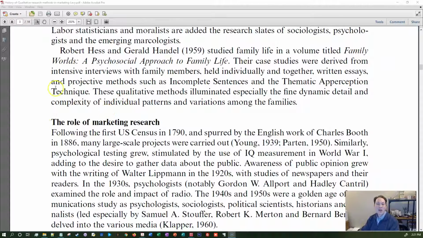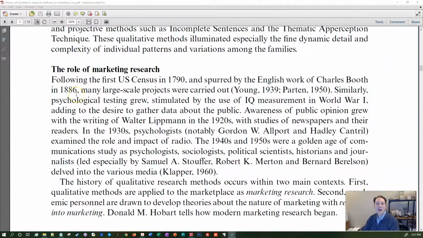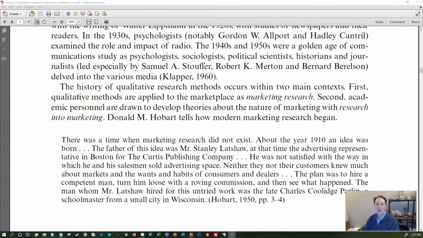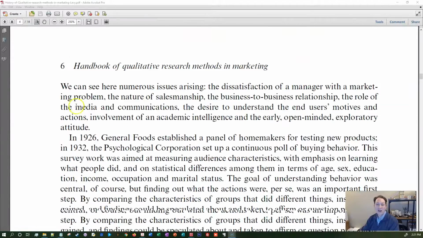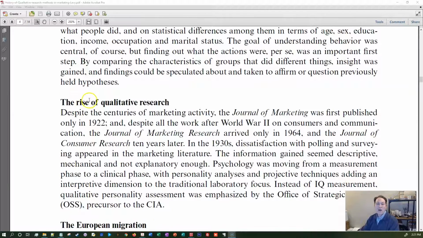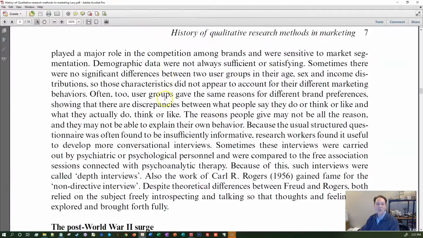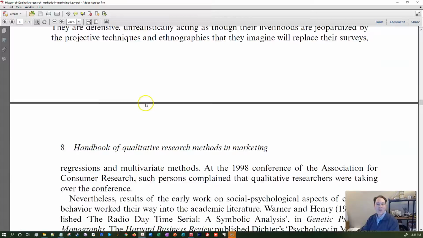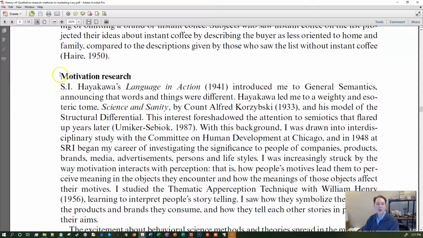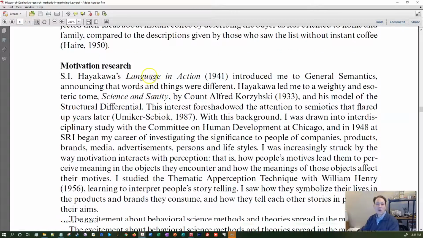And one of the things that you will find is that a lot of what is in here is pretty modern. It comes from, for the most part, the 20th century. But an area where you really want to begin to pay attention is when you see sections like this, the rise of qualitative research, or maybe you want to pay attention to something called motivation research, because motivation research really popularized and created new styles of qualitative research that are still in use today.